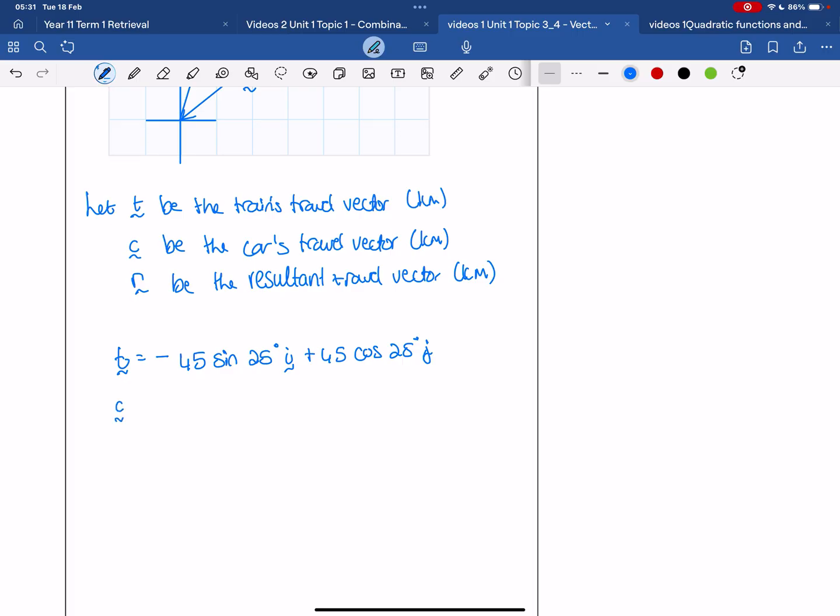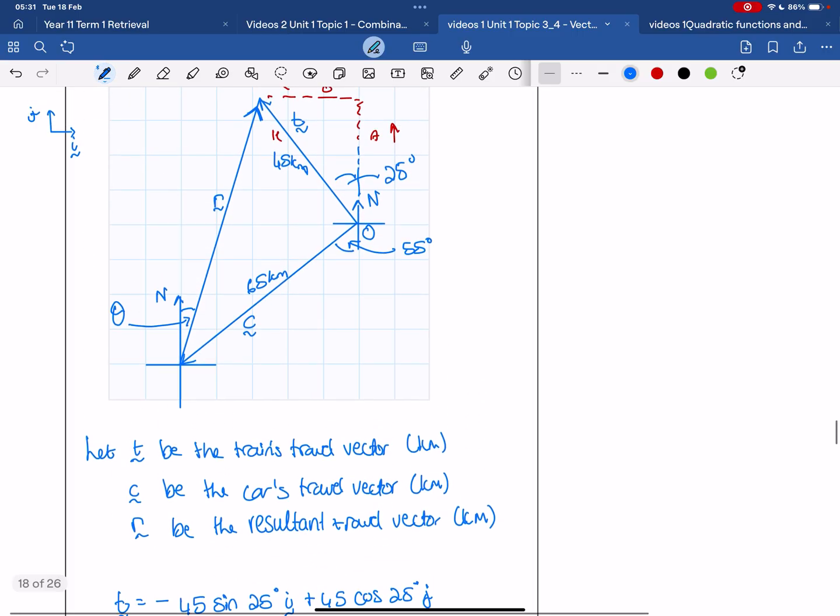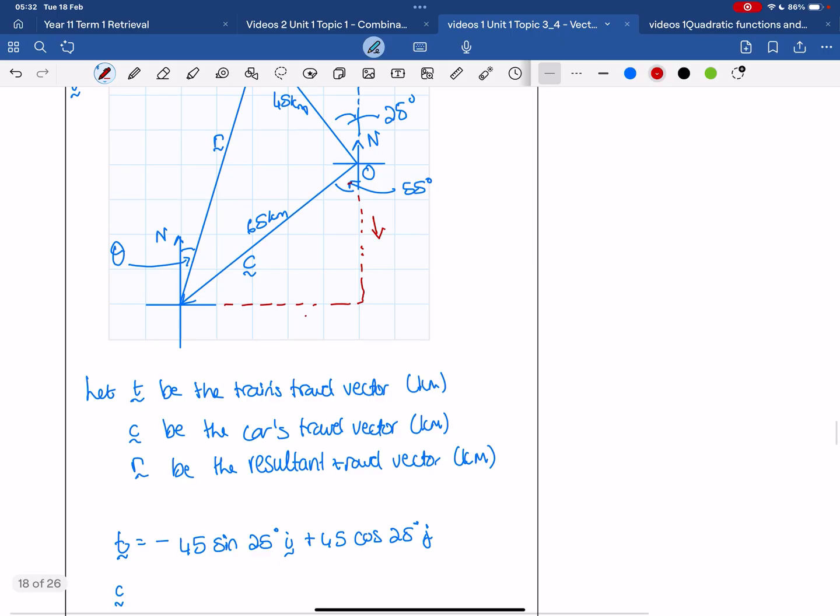Okay, let's have a look at our C vector. Well, if I did my right angle triangle again, that's my angle there. I had to move down in the negative J direction and negative I direction to get from the start to the end of my arrow, with opposite, hypotenuse and adjacent.